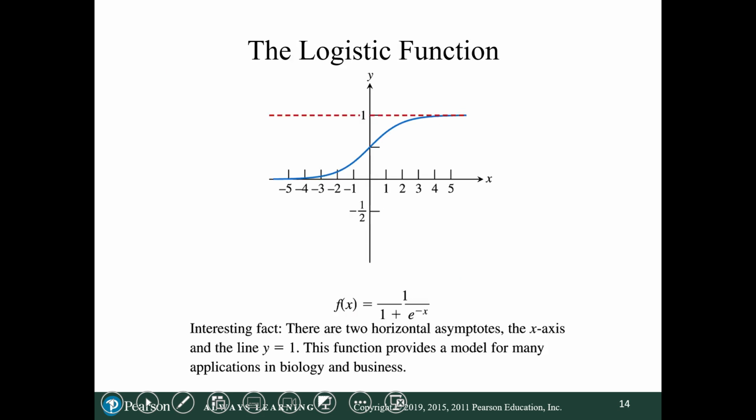And the last one is the logistic function. That's our fish tank function. Why do I call it a fish tank function? Well, you have a certain population and it grows until a point where it levels off. In my fish tank, the number of snails keeps growing as they reproduce until there are too many snails in there, and then they start dying because that fish tank can only support so many snails.